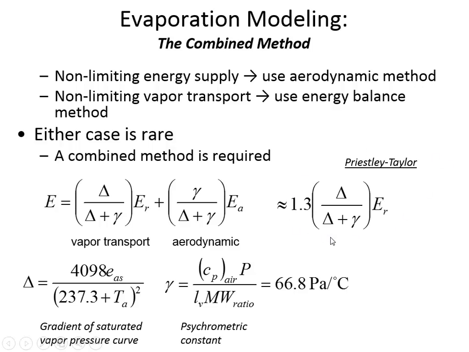The Priestley-Taylor approach says, well, rather than calculating both the aerodynamic and the energy method, let's just say that it's 1.3 times the averaging factor, and then it's really a function of the energy limiting more times than the aerodynamic limits.